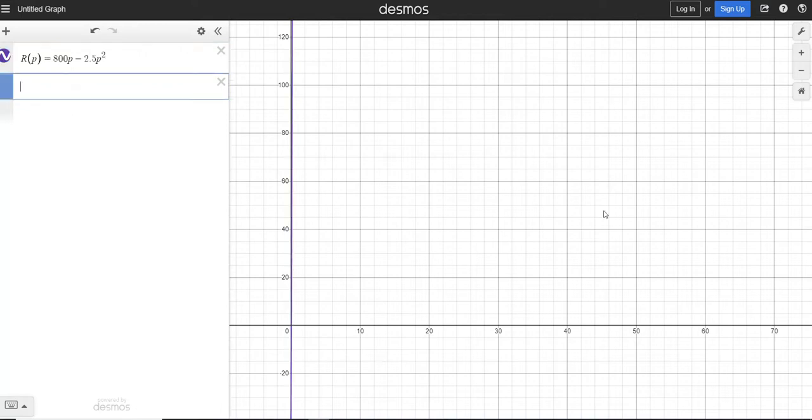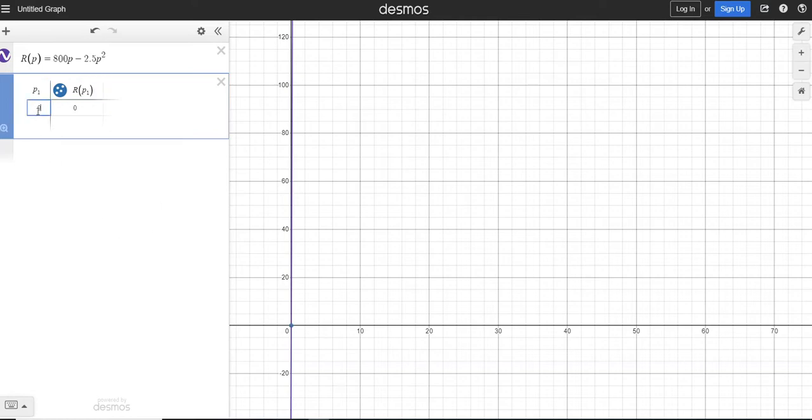I've got a graph over here. I'm not going to worry about it because right now I really just want a table. So for each price, P1, that I input, I would like R of P1 to be my output.